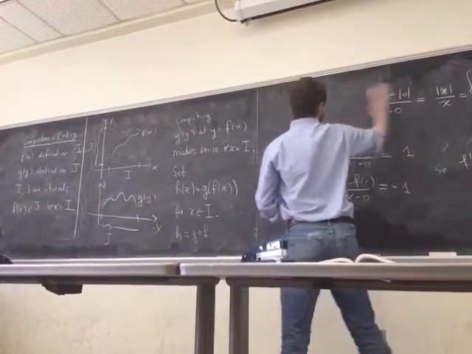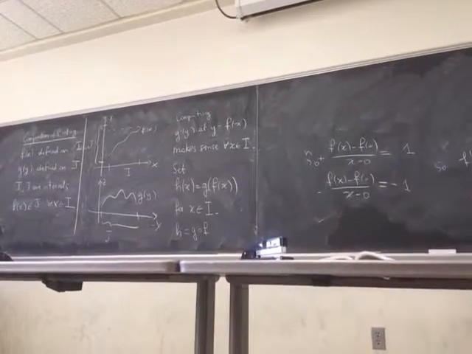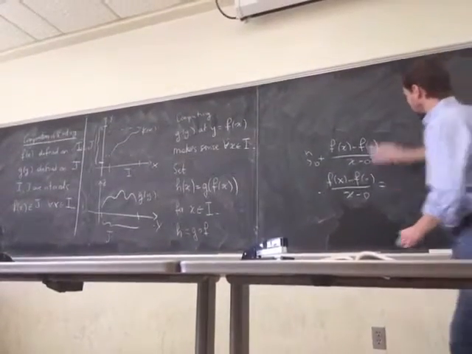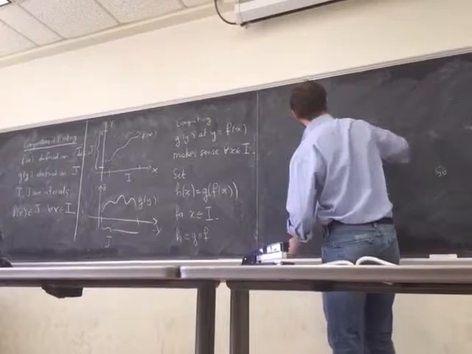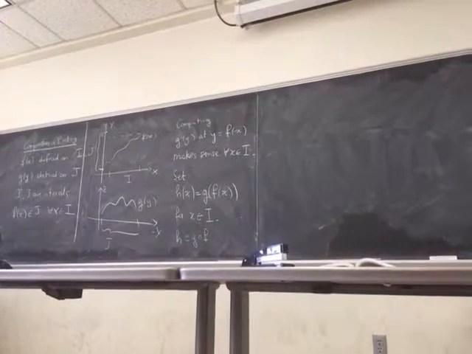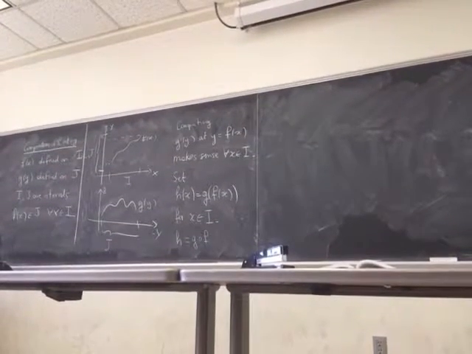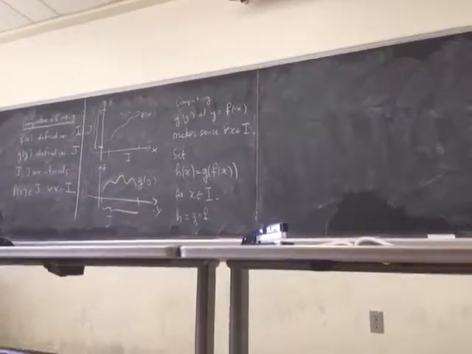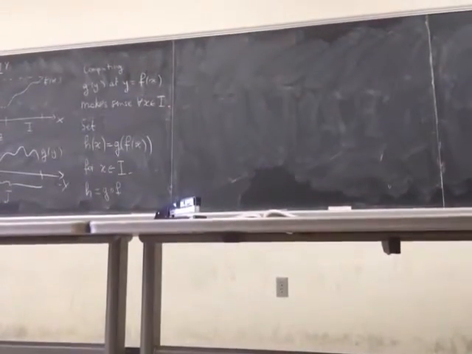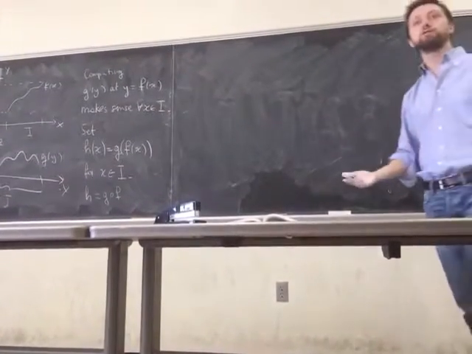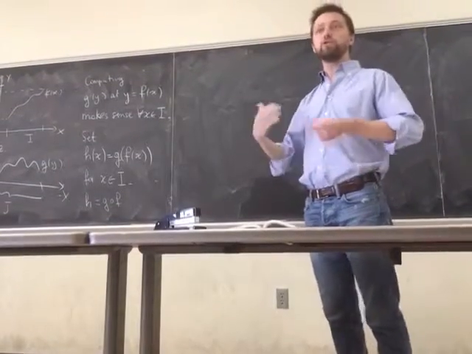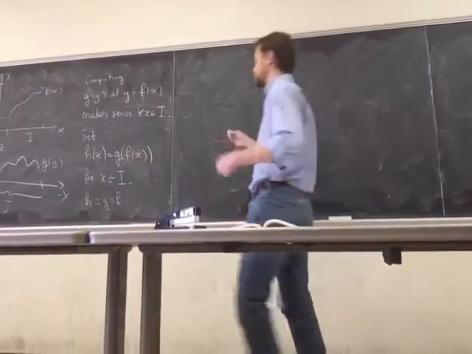we have a very natural question, right? Assume that f is differentiable at a point x naught, and that g, so g will then be defined at f of x naught, right? But assume that g is differentiable at f of x naught. So is the composition differentiable at x naught? That's the chain rule.